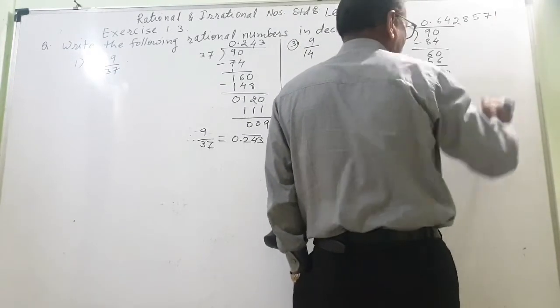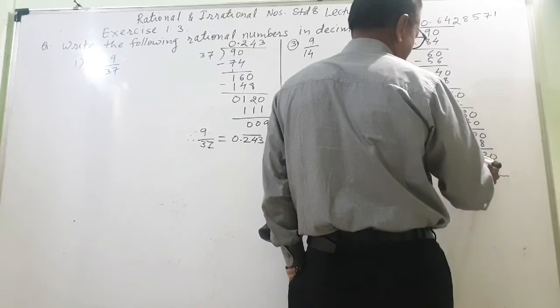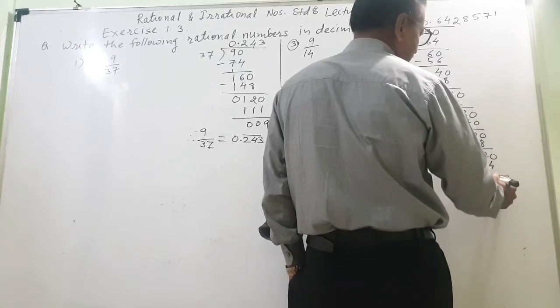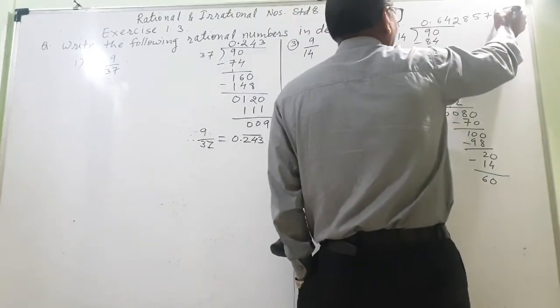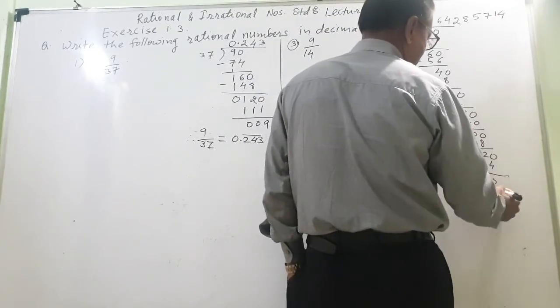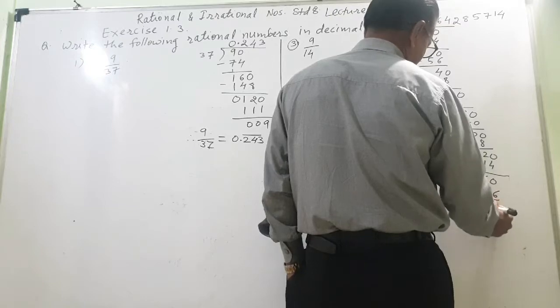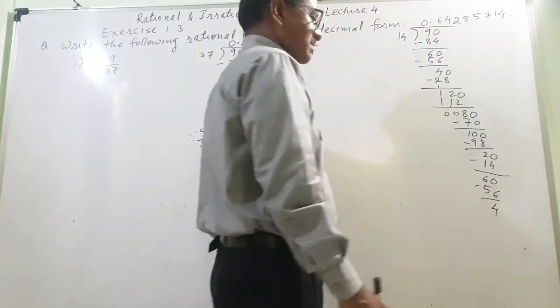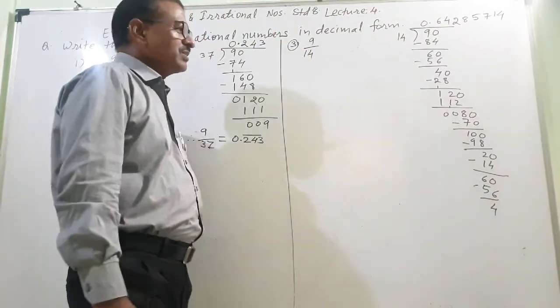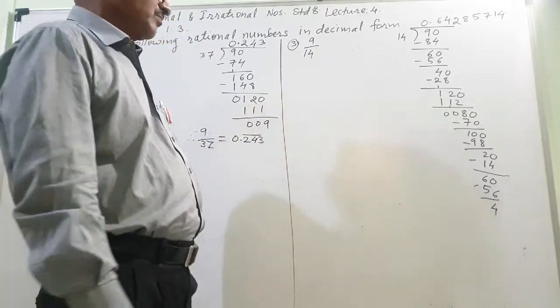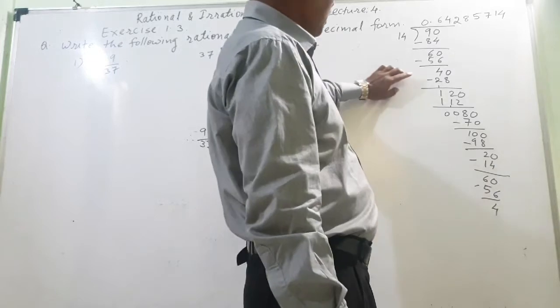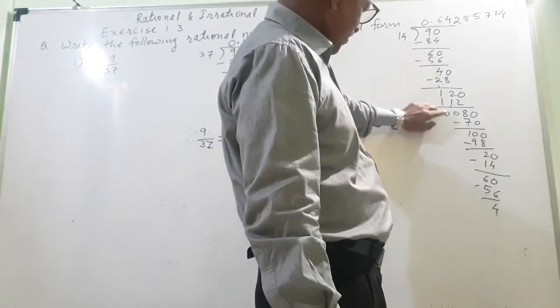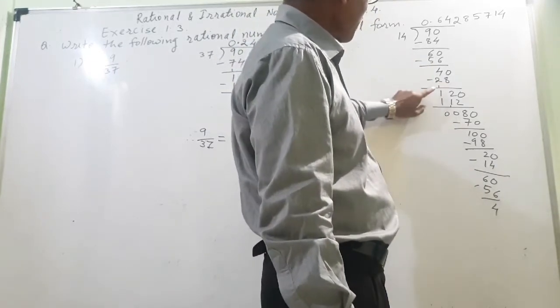14 ones are 14. Remains 6. Take 0. 14 fours are 56. Remains 4. So, this way somewhere we are getting, is there anywhere 4 as the remainder?